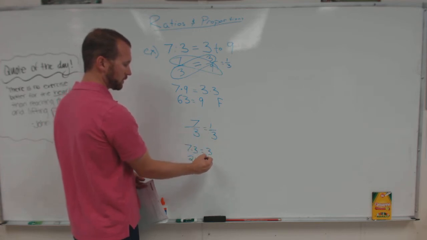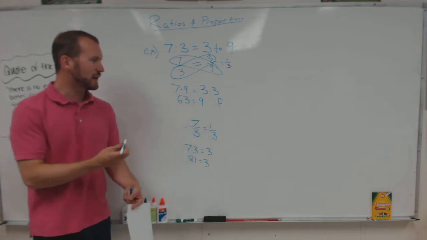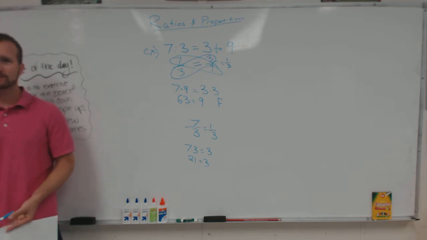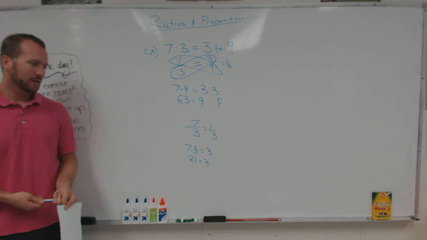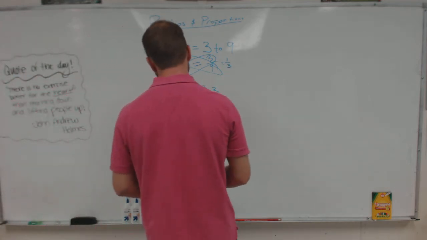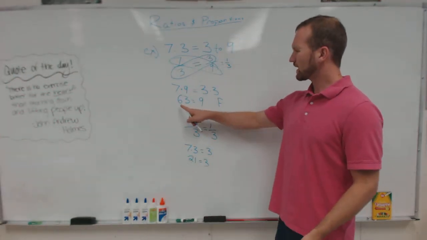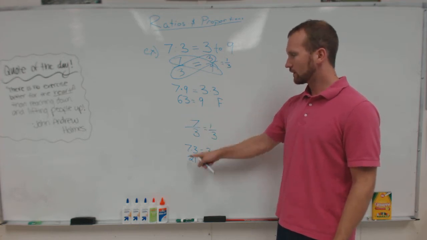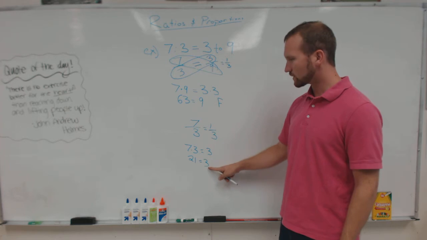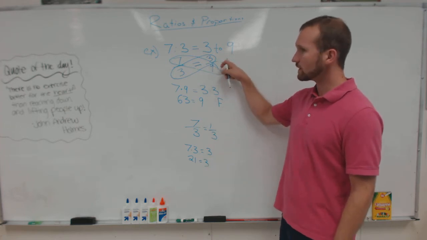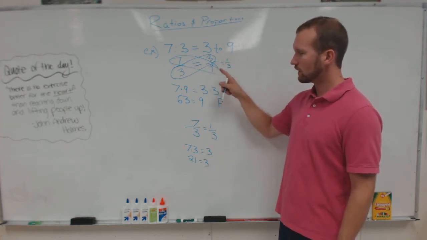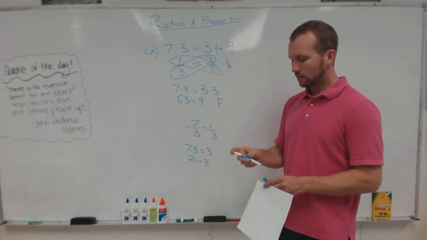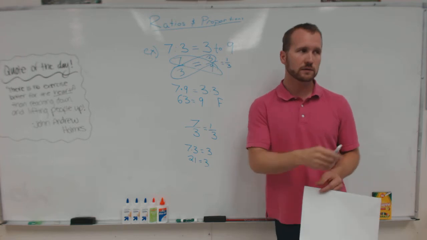So 21 equals 3. Still not true. It doesn't really change the answer because 63 is 3 times 21 and 9 is 3 times 3. So when we reduced this by dividing by 3, we just reduced our answer as well. It doesn't change the answer to reduce.